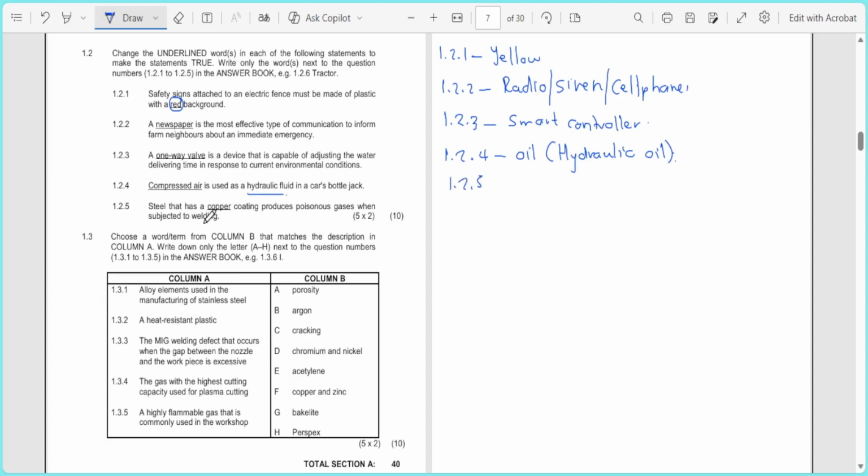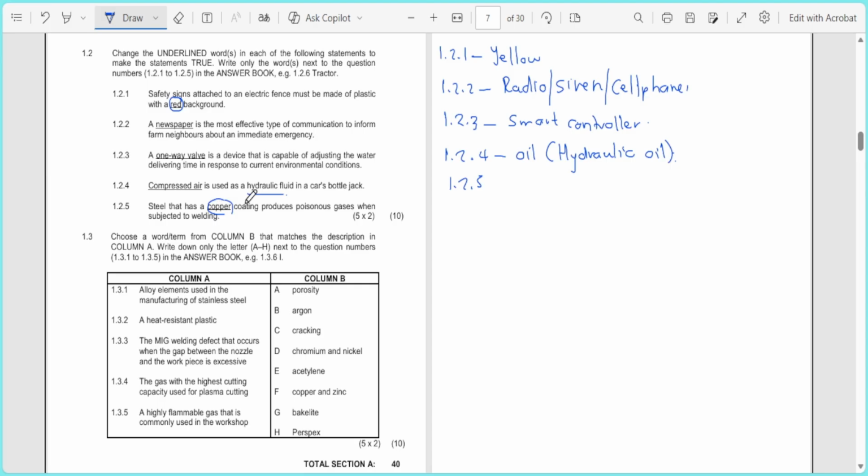Steel that has a copper coating produces poisonous gases when subjected to welding. So we need to change this underlined word to the correct one. It shouldn't be copper.